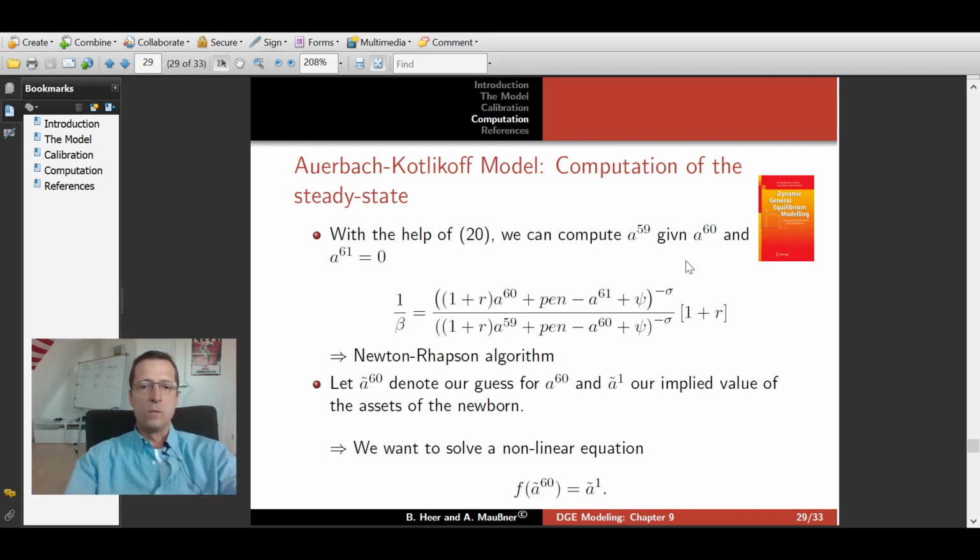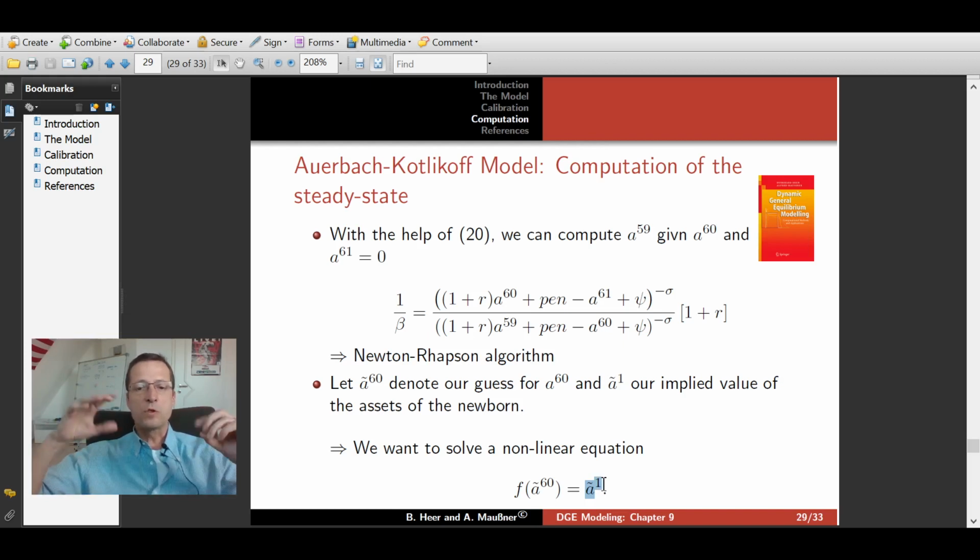And what we do next is we want to solve a nonlinear equation in this initial guess, let's call it A tilde 60, so that it implies an initial capital stock A tilde 1 that is equal to 0.